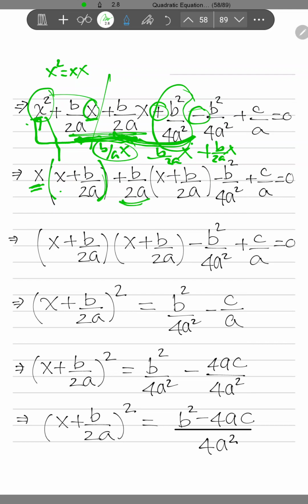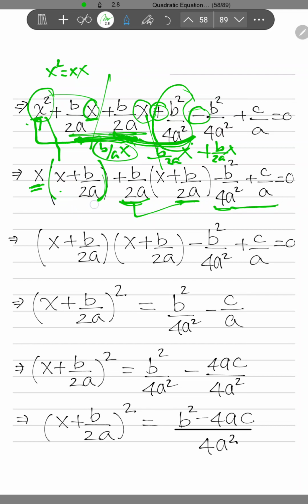Then we have 1 x here, and then b over 2a. b over 2a times b over 2a is b squared over 4a squared. So we can take b over 2a out, and we still have x plus b over 2a there. Then minus b squared over 4a squared plus c over a, we keep this one.